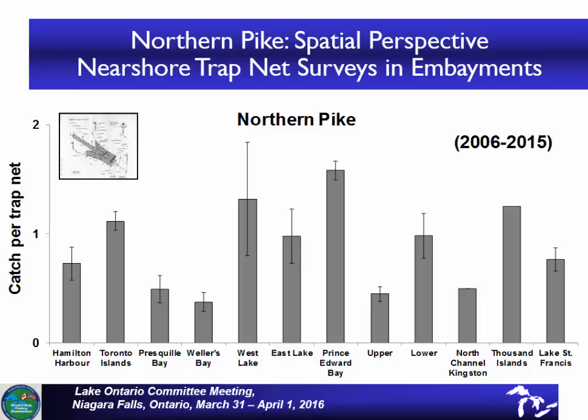Most of the populations appear low. There are some moderate-sized populations. We have the same situation on our side, we suspect. We don't have much data to support that, but we do have relatively low catches of northern pike being reported by anglers.